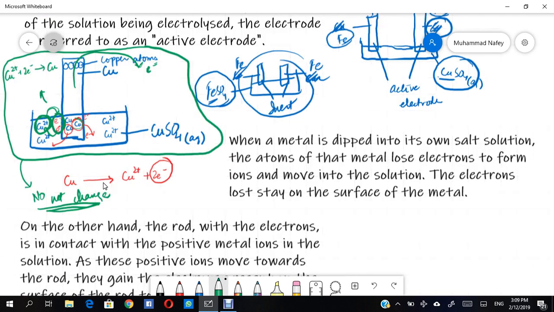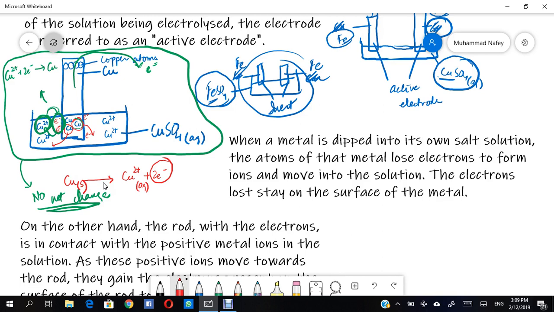And I just explained the mechanism. Let's very quickly review this again. When we dip a metal into its own salt solution, the metal atoms in that rod lose electrons, form ions, and move into the solution. So we can add the state symbols to this equation: this copper was a solid, because it came from the rod. It lost electrons, formed ions, and moved into the solution.